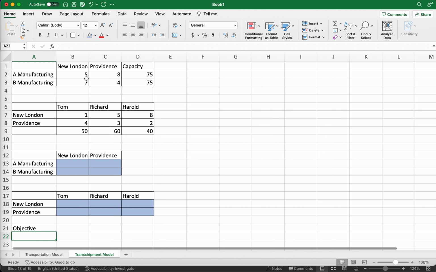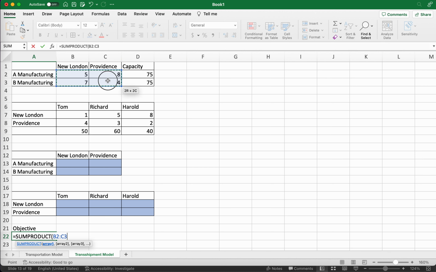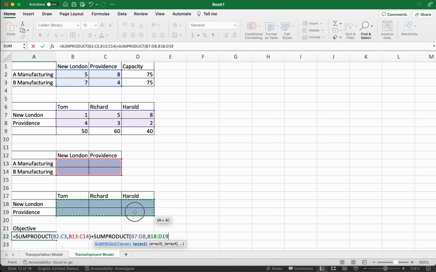Again, you're going to multiply corresponding numbers with corresponding numbers and add them up. So I will use the sum product formula, but here you will need 2 separate sum product formulas: the first part of the supply chain, comma, the decision variables for the first part of the supply chain, plus sum product, the second part of the supply chain, comma, decision variables for the second part.